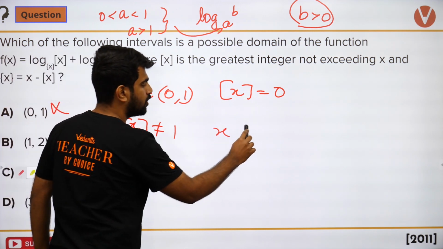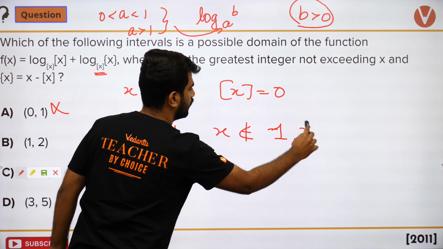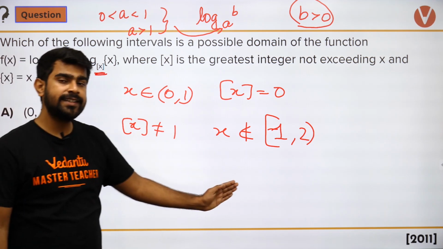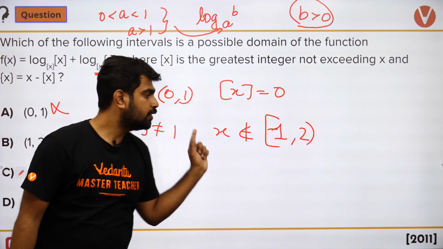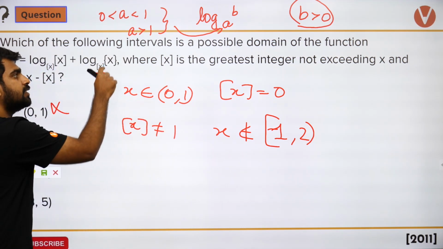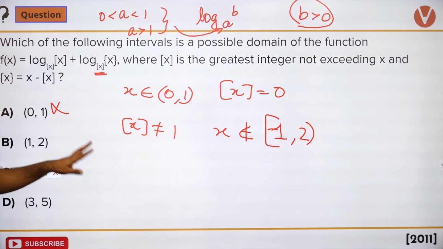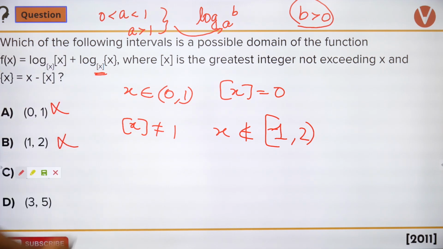So x cannot belong to the interval 1 to 2, because in the interval 1 included to 2 not included, GIF of x will be 1. That base will not be valid. Therefore, GIF of x cannot be 1, and x cannot lie between 1 and 2. So this is also wrong.